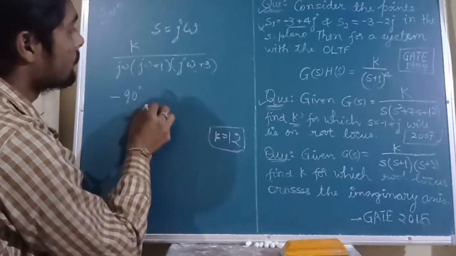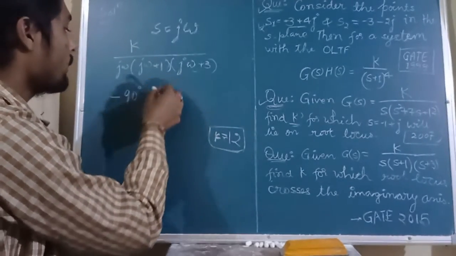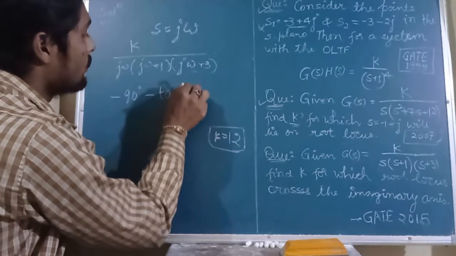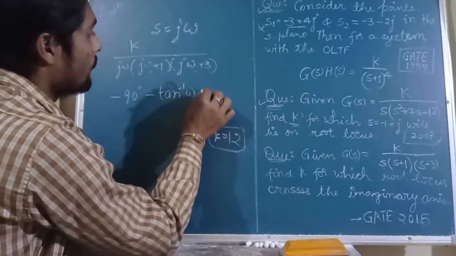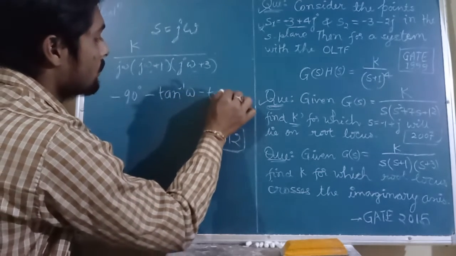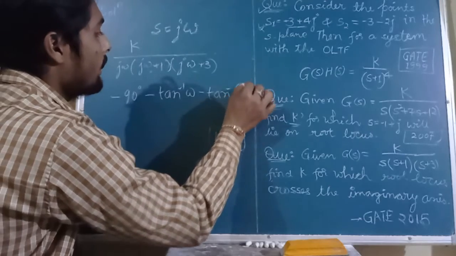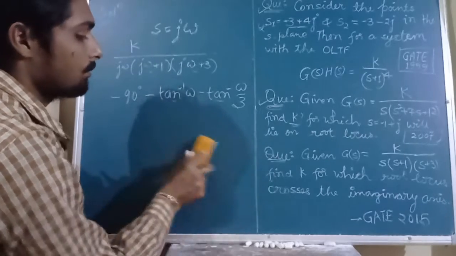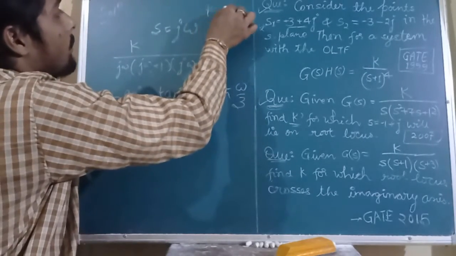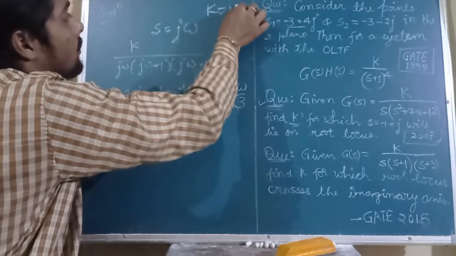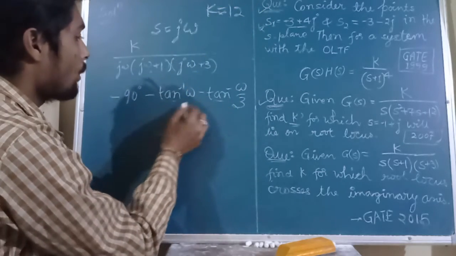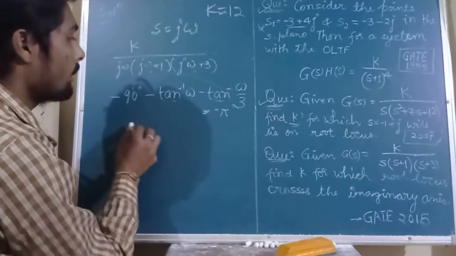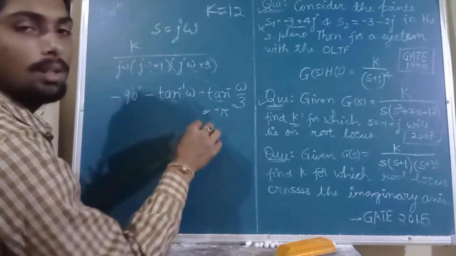and this we can solve, or we can directly tell. Listen, minus tan inverse omega, and here minus tan inverse omega by 3. Now tan inverse A, tan inverse B. Here it was K equal to 12, I am just writing. Now solve this, and this must be equal to minus pi, minus 180 degree. This left will go on the right side, or we can cancel the negative signs.